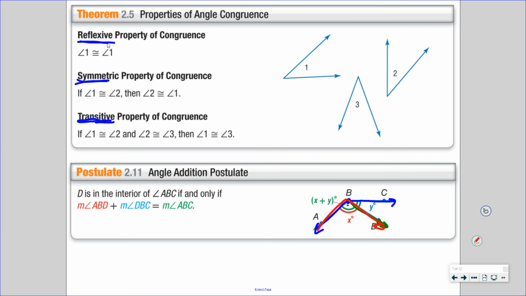Angle ABD, which they're calling X degrees, and angle CBD, which they're calling Y degrees. Angle addition postulate, I know that I could add those together and get the whole angle, right? I know that this degrees plus this degrees would have to be the whole. Okay, that's called the angle addition postulate. Again, done this before. That's the postulate you've been using.